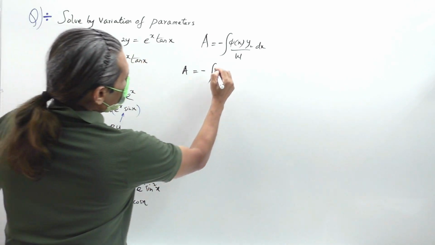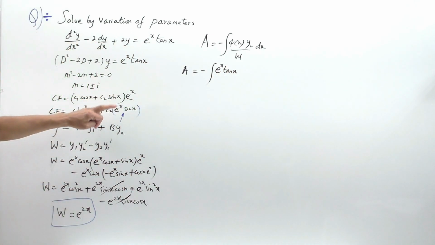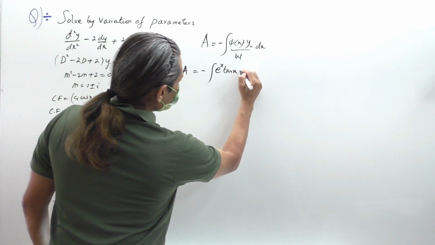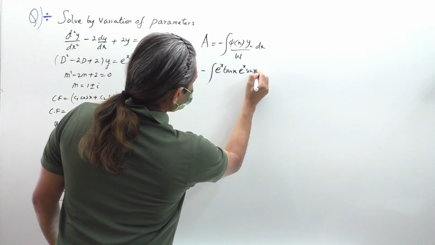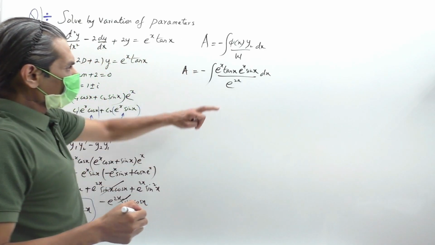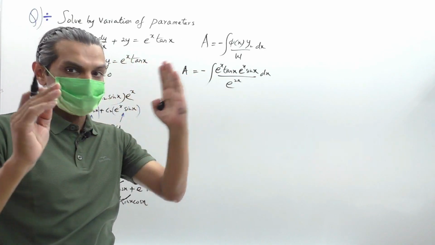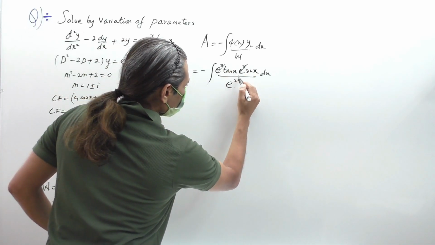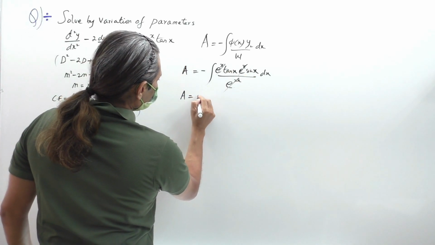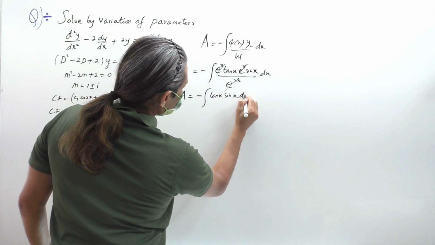The right hand side, e raised to x into tan x, into y2, which is e raised to x into sin x, over W, which is e raised to 2x. Now, e raised to x into e raised to x is e raised to 2x, because e raised to a into e raised to b is e raised to a plus b, and this whole cancels. So, what remains? A is equal to minus integration of tan x into sin x dx.